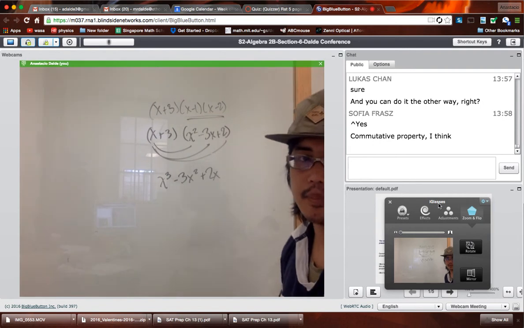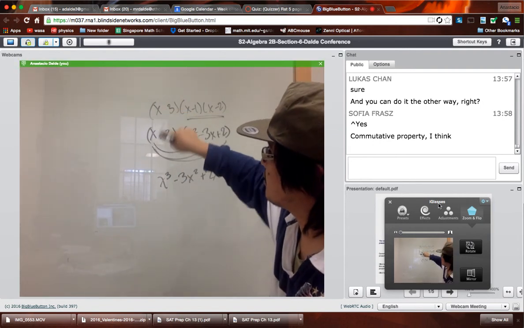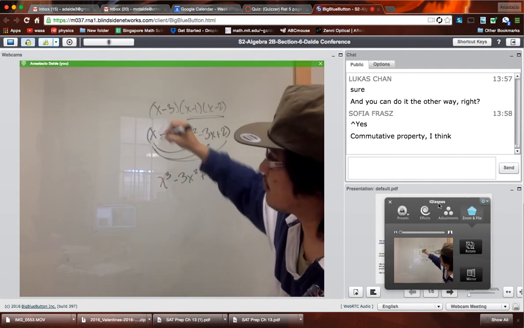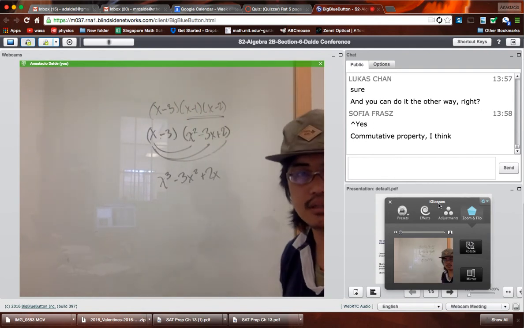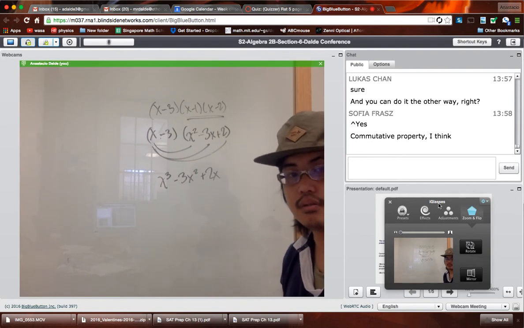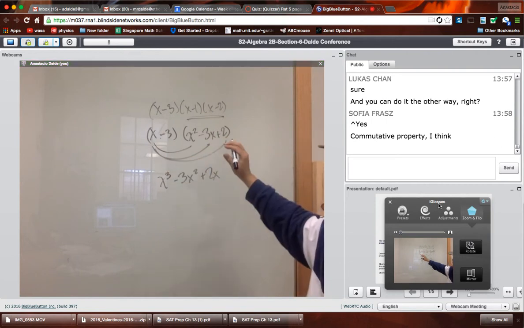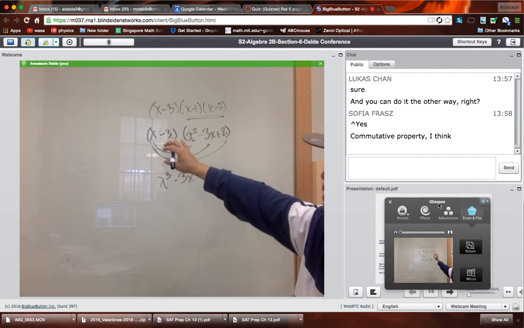All right. You know what? Let me change this to a negative sign real quick. That just makes the problem harder, which is a good thing. Okay. Then what I do is after I multiply everything through by x to here, I go through and I multiply everything by negative 3.